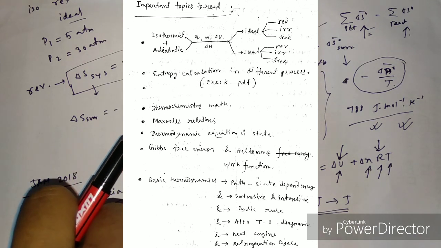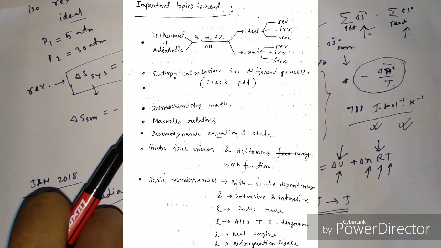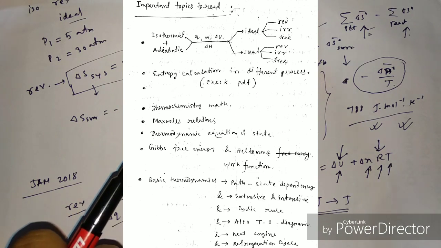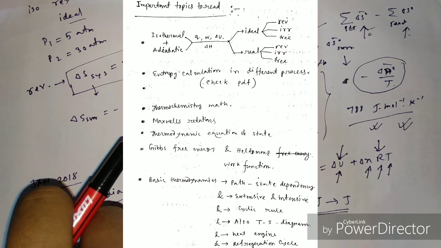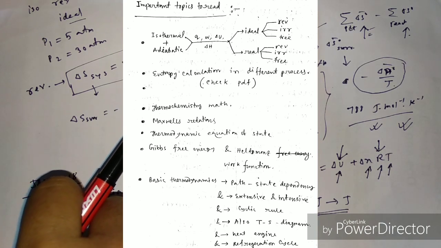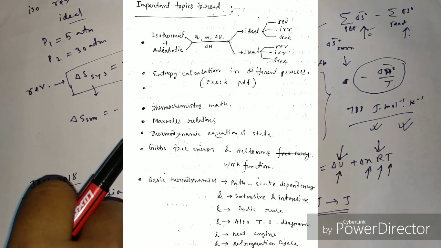The processes are reversible, irreversible, and also free expansion processes. You have to remember those by a tricky method. So just read the PDF which I will provide you in the blog, and you will get everything about the different processes.